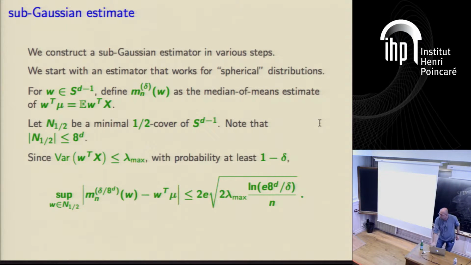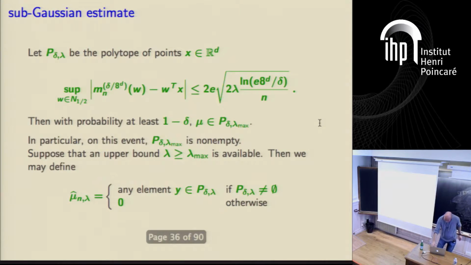So we know that this happens, that the true mean satisfies this inequality for all 8^d directions. Okay? Good. But now this defines a polytope, right? Now I can take all those x's in each direction. We have something like this. So in each direction, I know that the mean is somewhere in this stripe. And another direction will give me this bound, another direction will give me this bound.